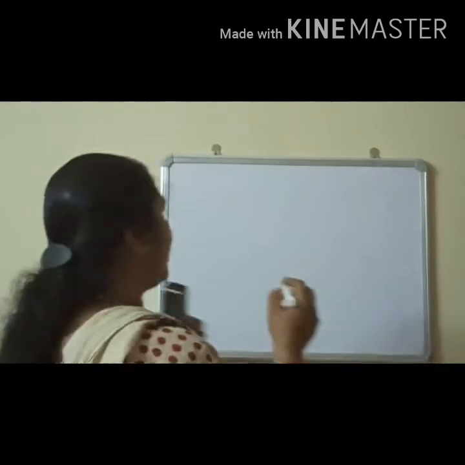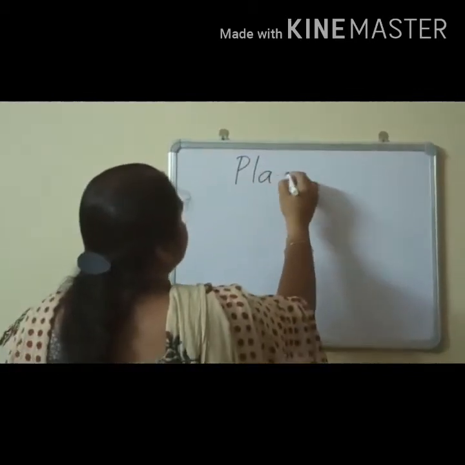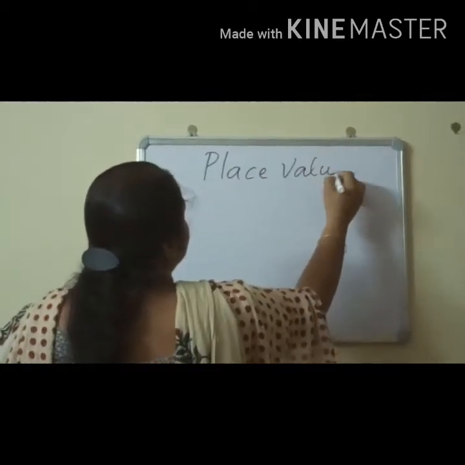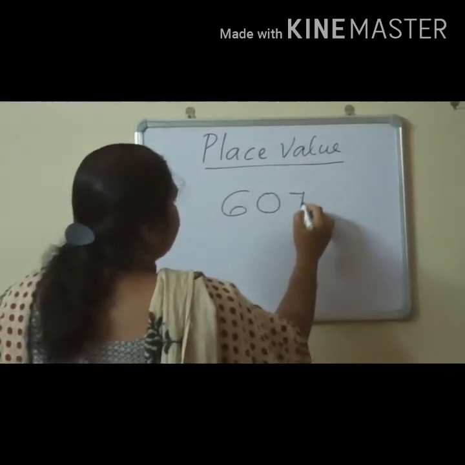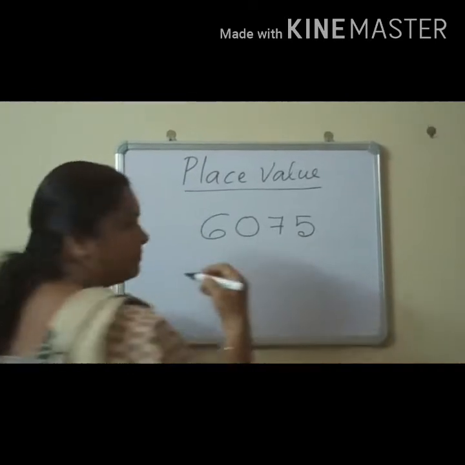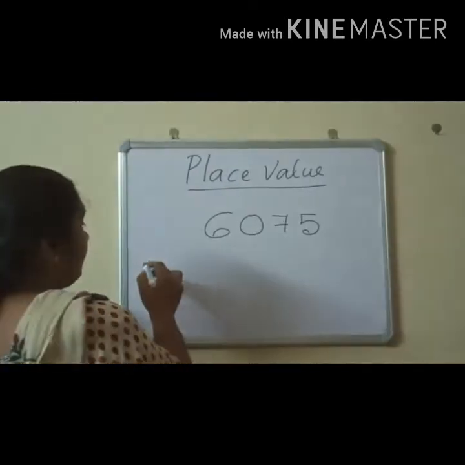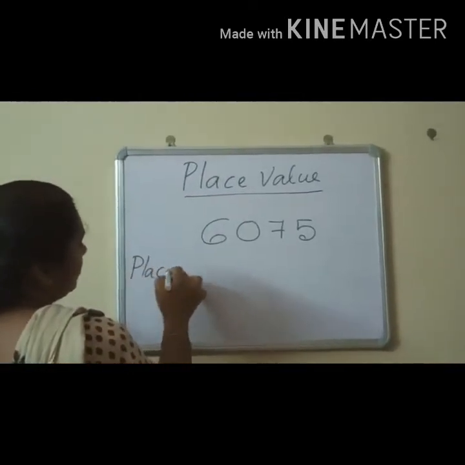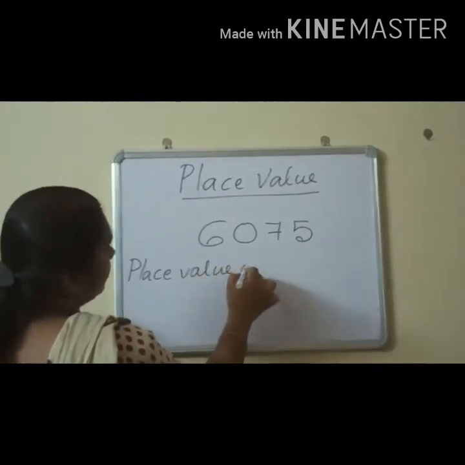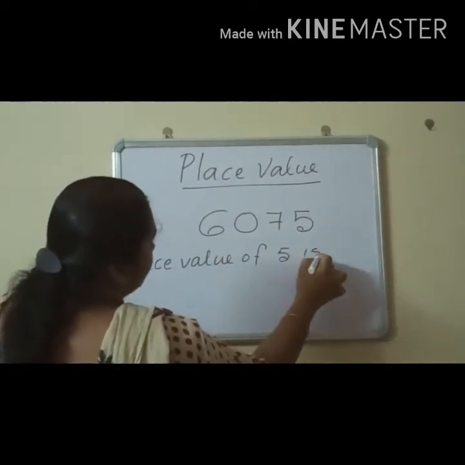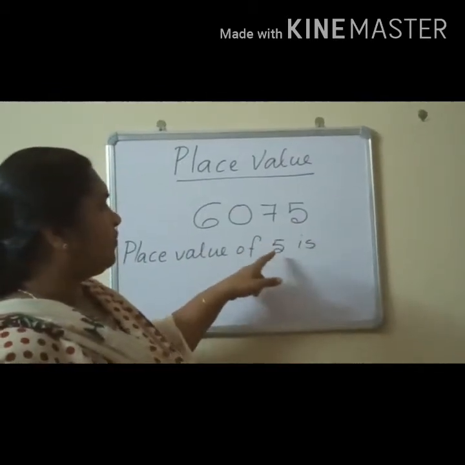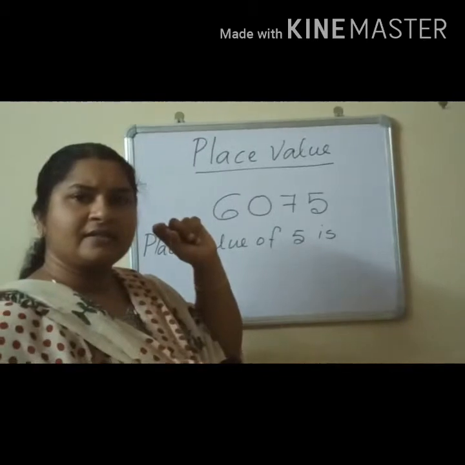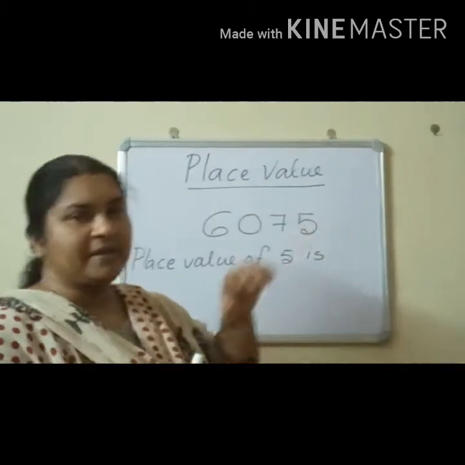Okay, here also I'll show you what is the place value. 6,075. The place value of 5 is, now where does the digit 5 stand? In the ones place.